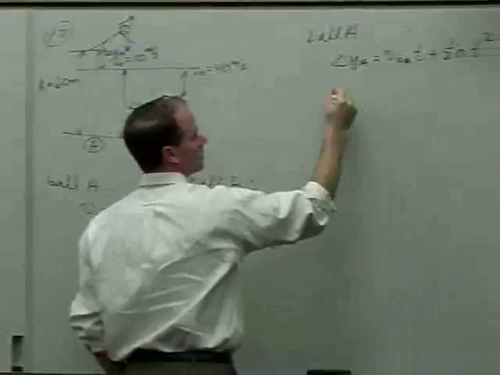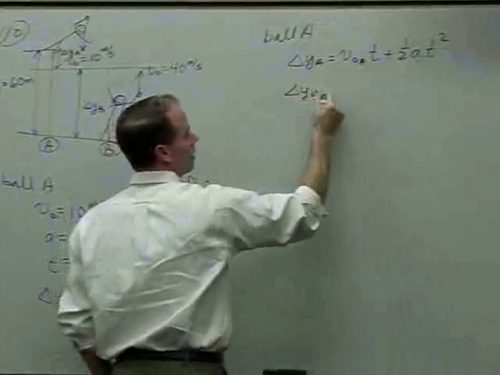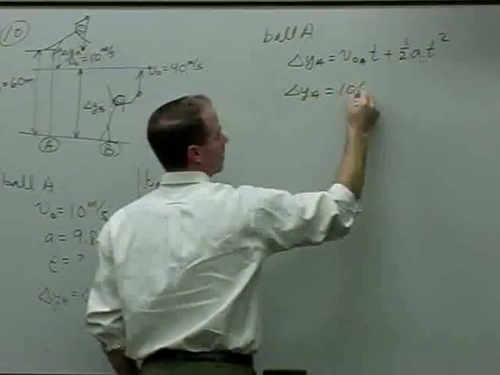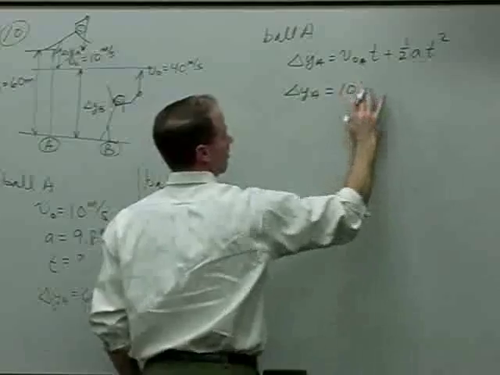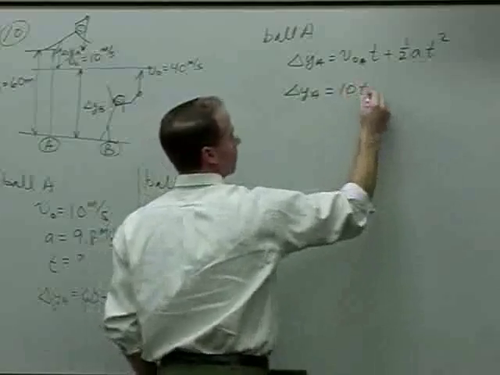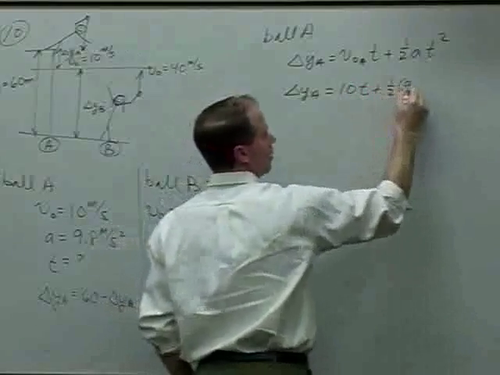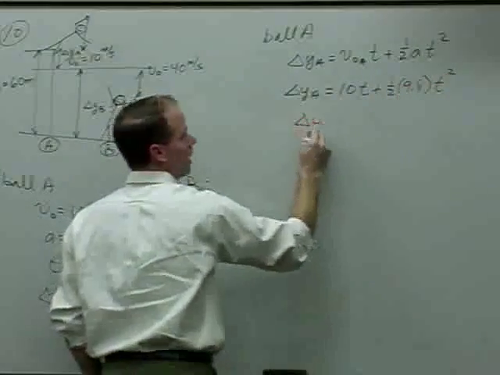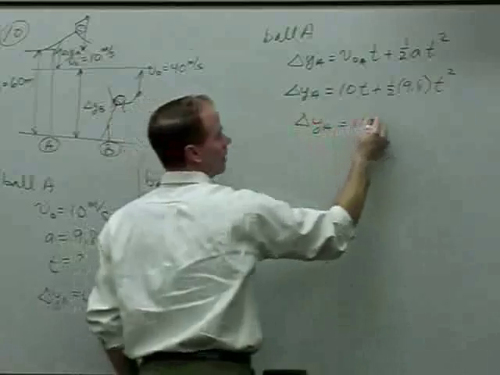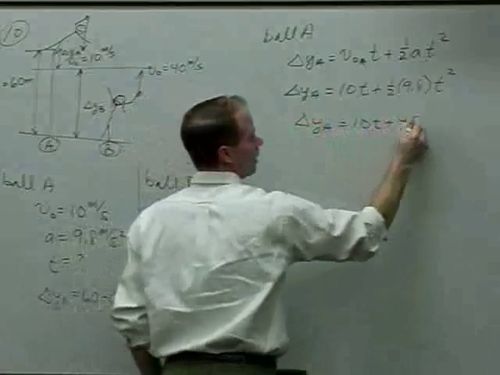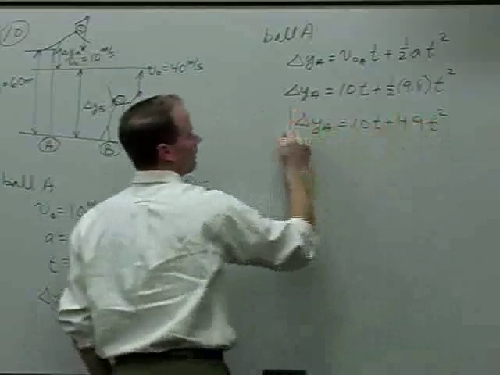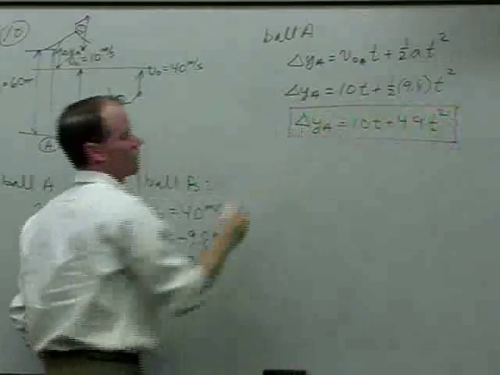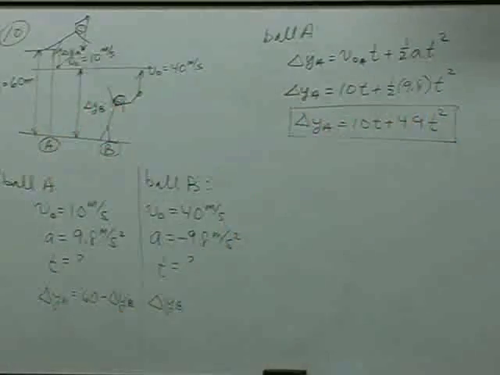And so I would write this as delta YA equals 10 times time plus 1/2 times 9.8 time squared, or delta YA equal to 10t plus 4.9 t squared. Don't know t, don't know delta YA.